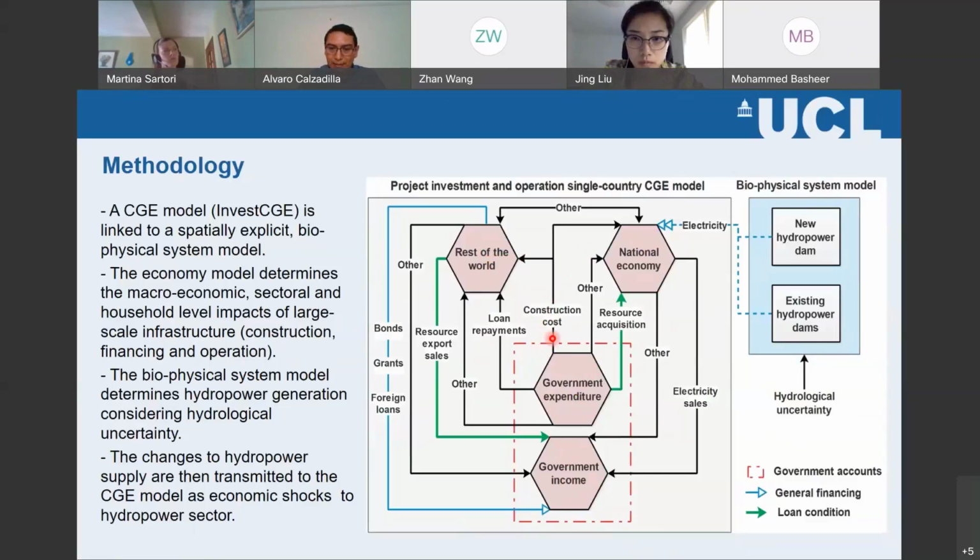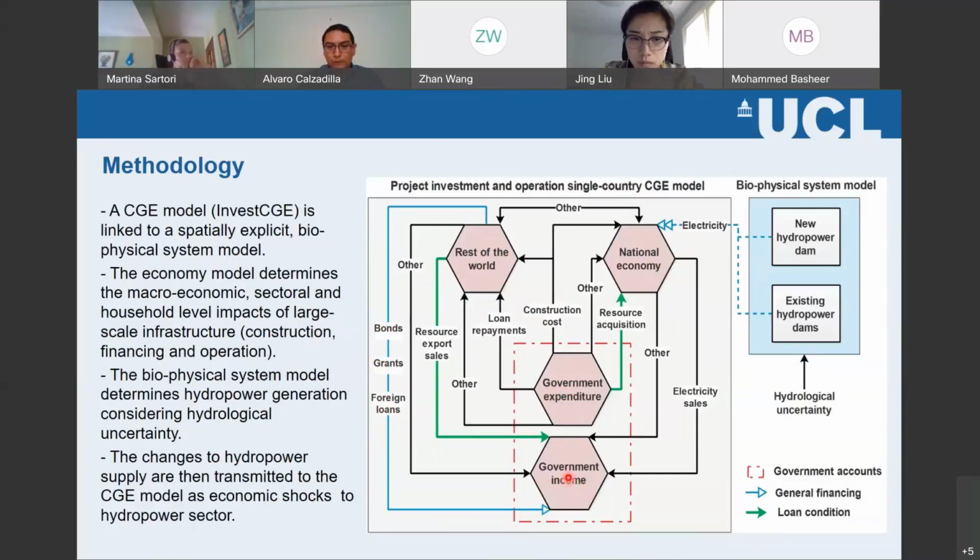And we know how much has been that cost, and that cost needs to be financed. And then there are different options for the government. One is basically, as we have seen, and this is what happened, is to just use the government income in order to finance part of it, but also it could finance by issuing bonds or getting grants and foreign loans, right? And this will be part of the general income of the government.